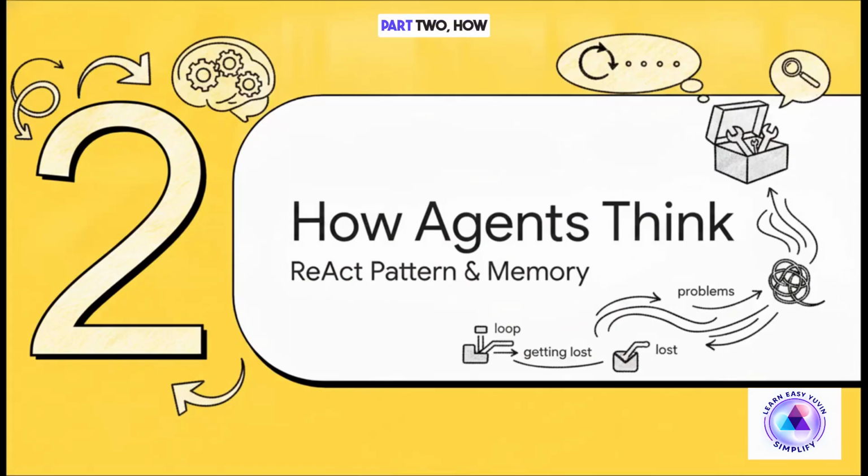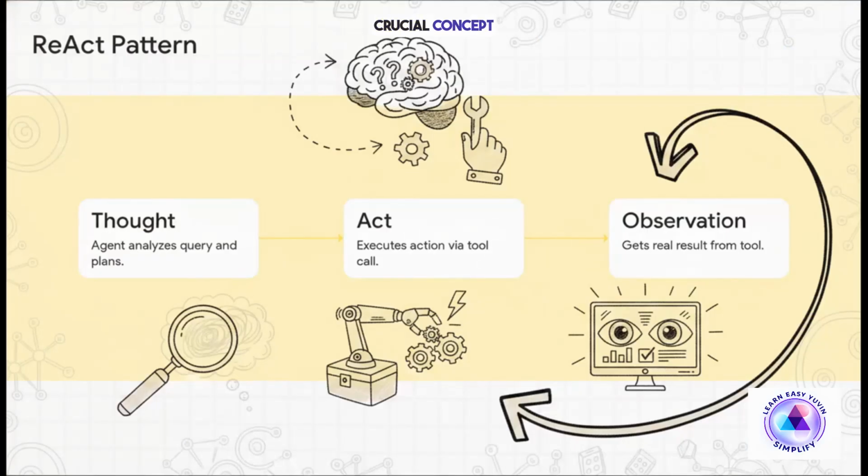Moving on to part 2, how agents think, specifically looking at the ReAct pattern and memory. So the absolutely crucial concept here is the ReAct pattern. Reason and act. It's the very heartbeat of an agent's problem-solving loop, and it works in 3 distinct phases. First, thought. The agent analyzes the user's natural language query and formulates a plan.